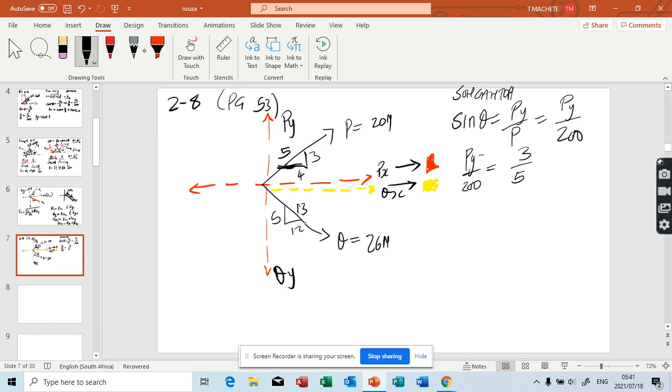3 over 5. Okay, we're going to write our answer here. Is it going to be positive or negative? Okay, so it's 20 over 5 times 3. Sorry, it's not 200, it's 20.